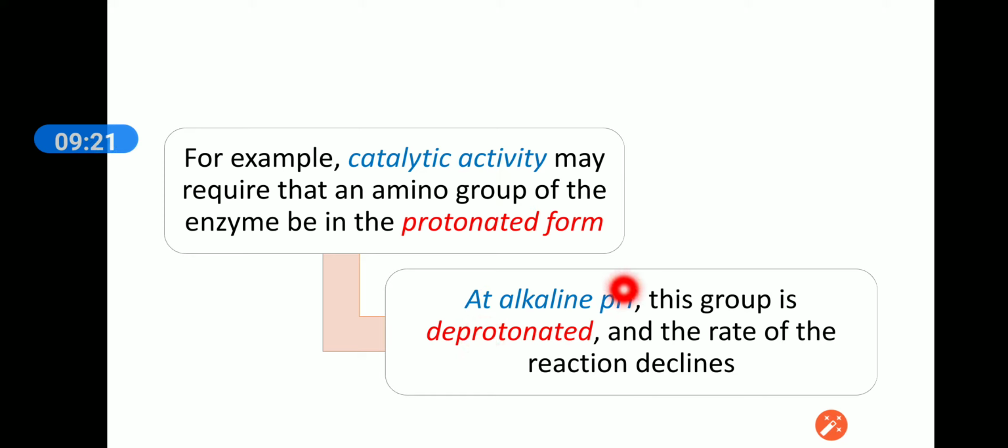The rate of reaction then declines, because the reaction needs the enzyme in a protonated form, but due to the alkaline effect of the cellular medium, the enzyme becomes deprotonated and will not be able to act as a catalyst.